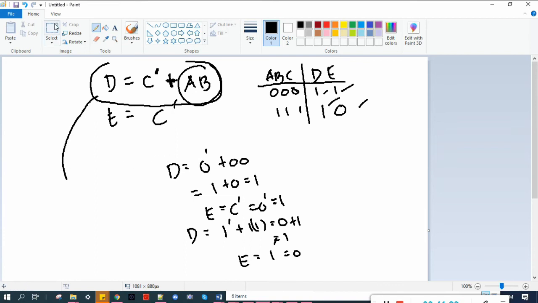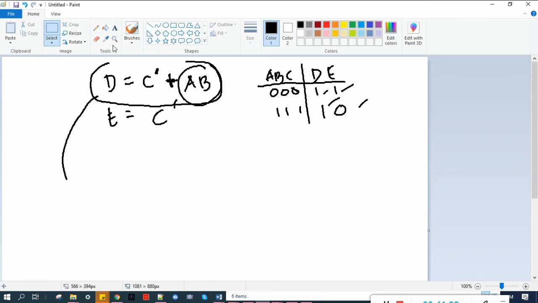Let's erase this first. We design this logic function D is equal to C prime plus AB with the use of the assign keyword.